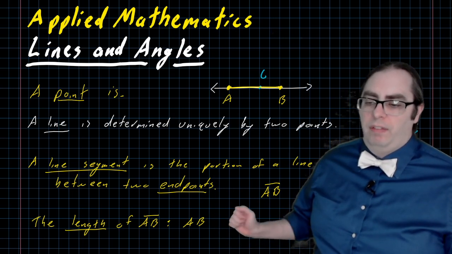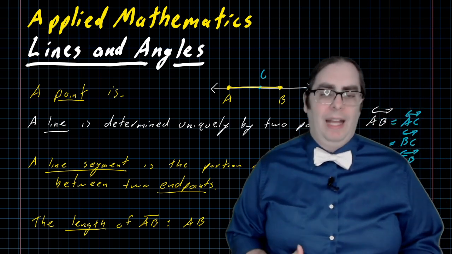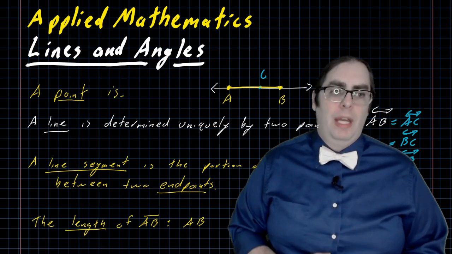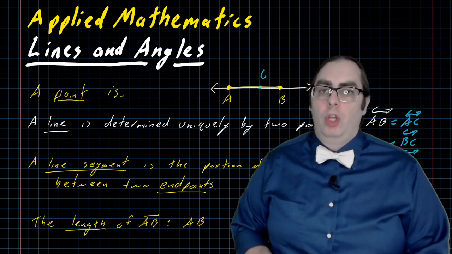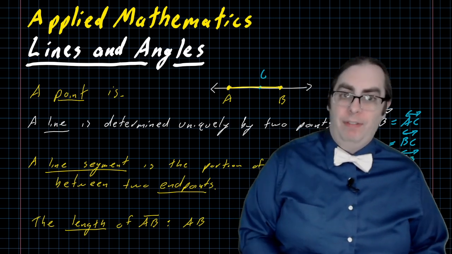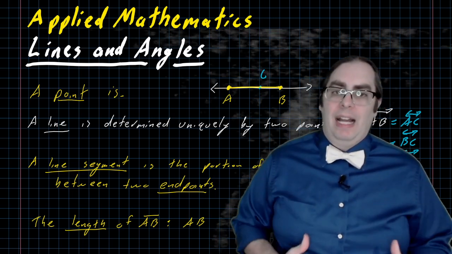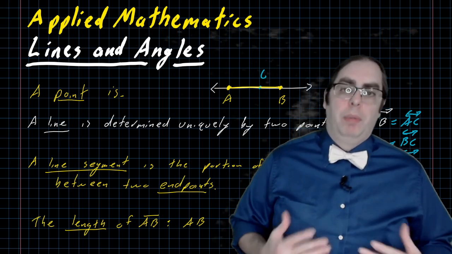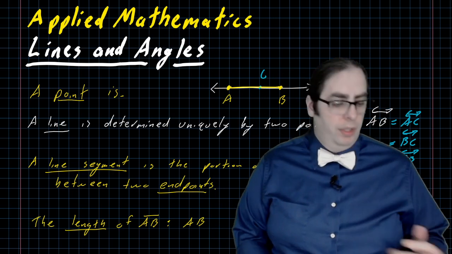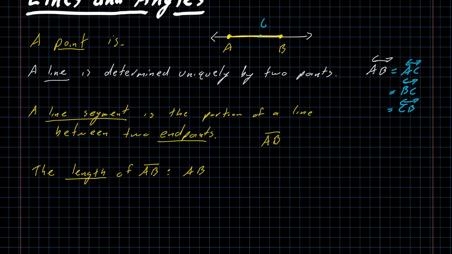The length of line segment AB I have written as AB. That is a single value that uses 2 letters as the variable name. It's not variable A and variable B. The entire variable is AB. You need both letters to be talking about this measurement. All right.